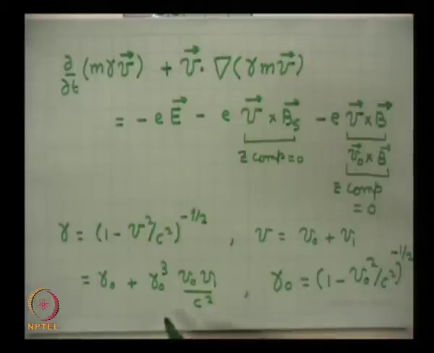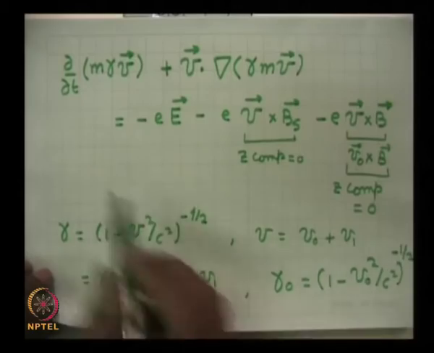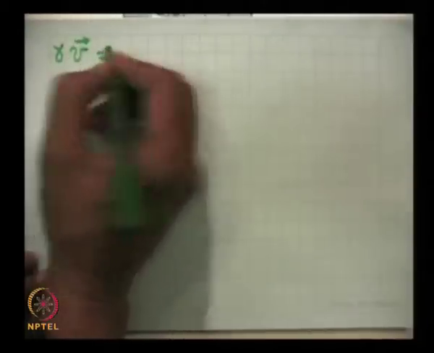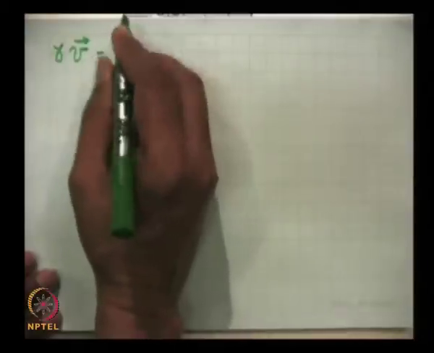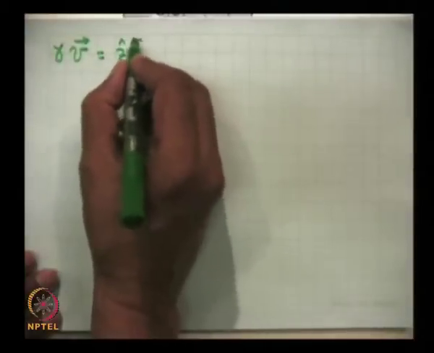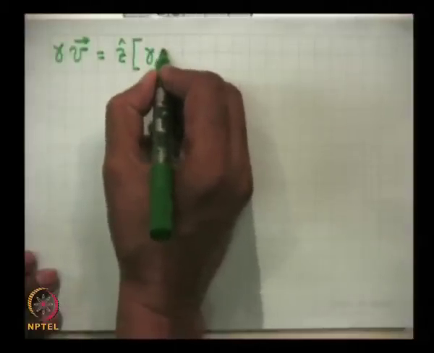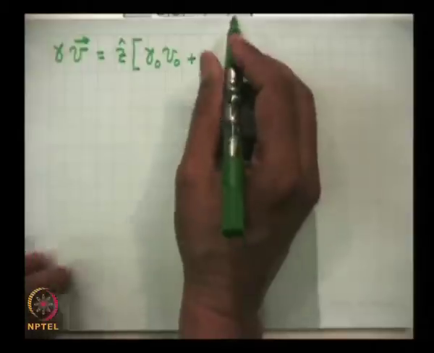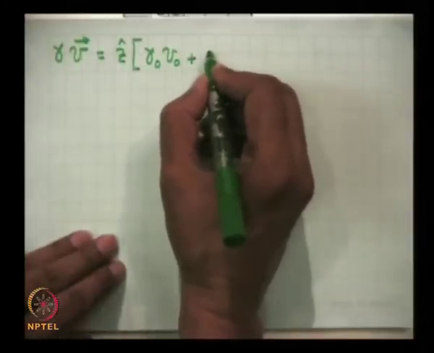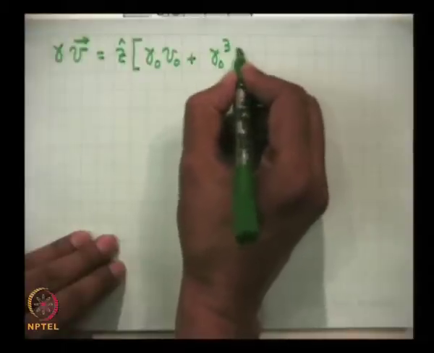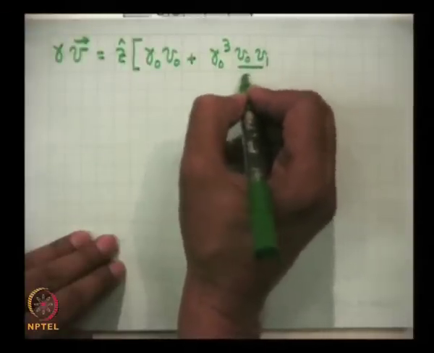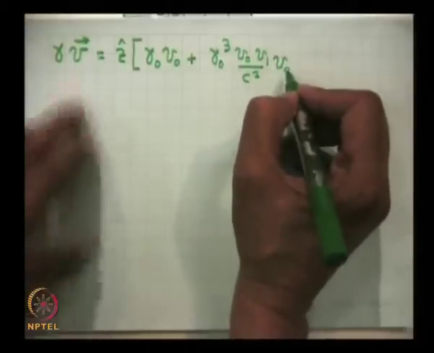Just the way we had done this for two stream instability, we can carry out this expansion of gamma. Then linearize this equation. What we get? Gamma V turns out to be, actually only the z component I am interested in, gamma 0 V0 plus a term gamma 0 cube V0 V1 upon c square into V0 from here.